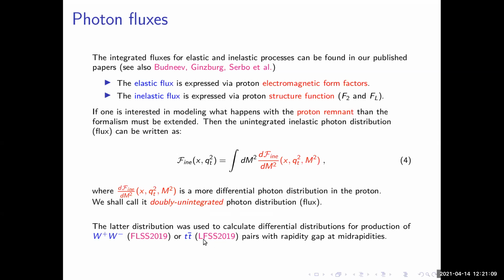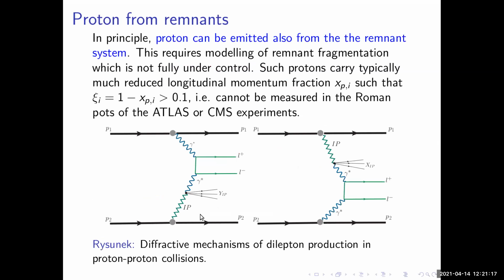Those distributions were used in our papers for W+W- and t tbar. Protons can be produced also from the remnants, but usually those protons have a much smaller longitudinal momentum, so they are not measured. The only case in which they can be measured is such diffractive processes, which I have shown here. This is Pomeron exchange, there is a Pomeron remnant, and this proton loses not much energy.